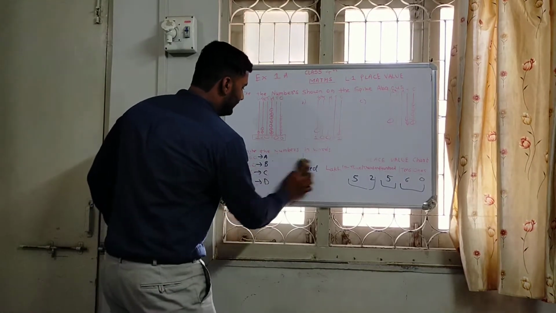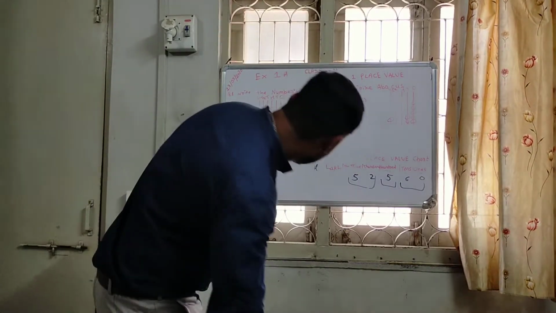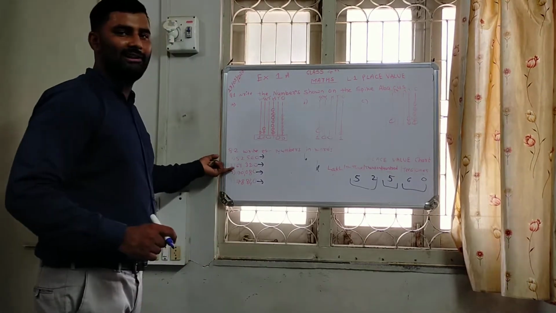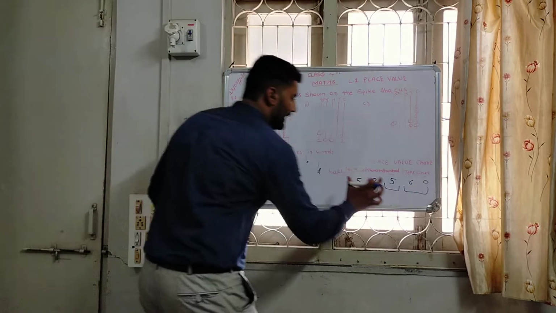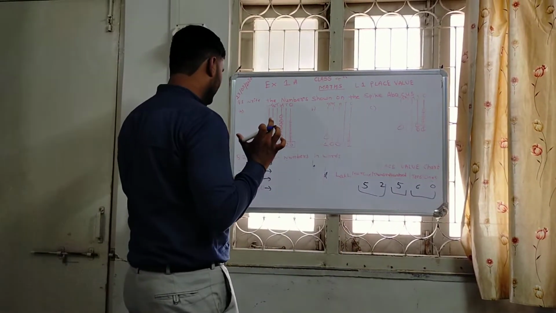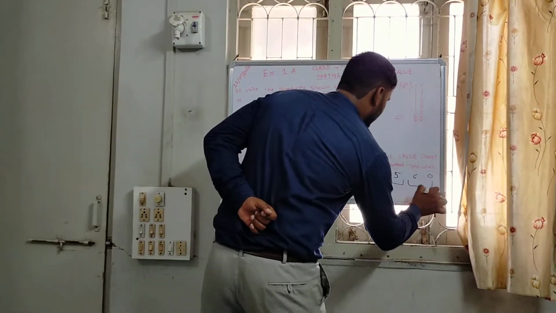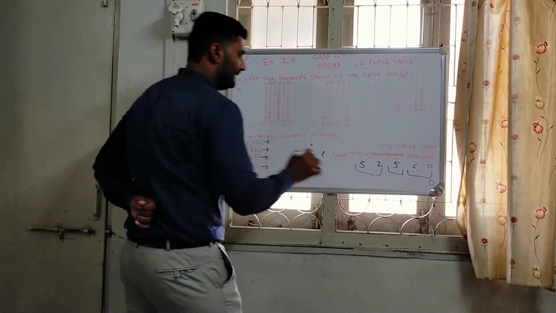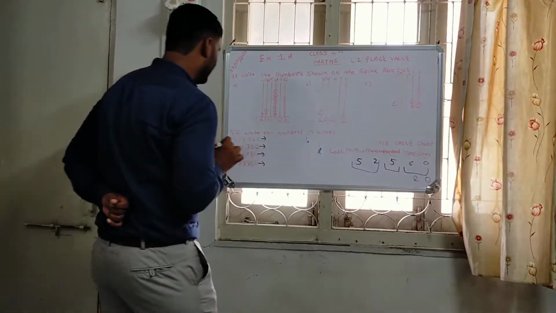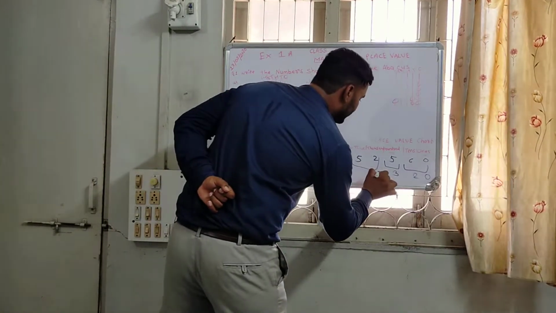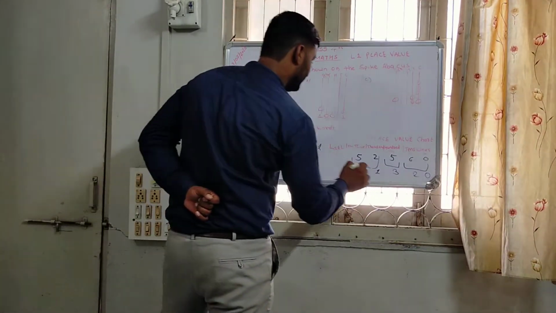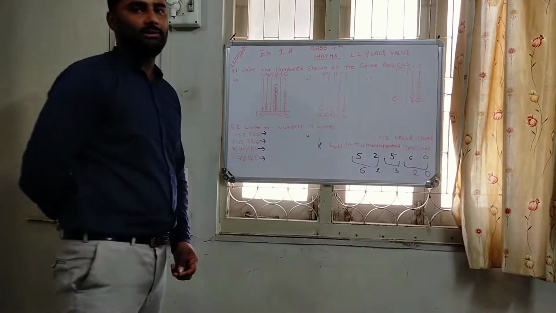Moving on to our second question, which is also in terms of numbers. Just put this number and write here: 0 ones are there, 2 tens are there, 3 hundreds are there, 1 thousand is there, and 6 ten-thousands are there.